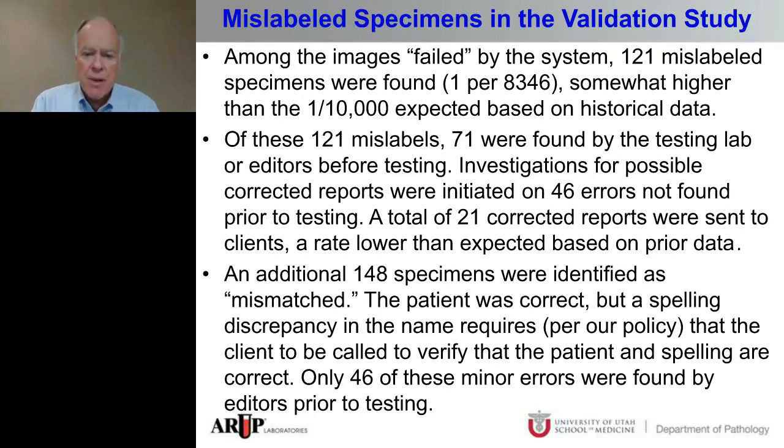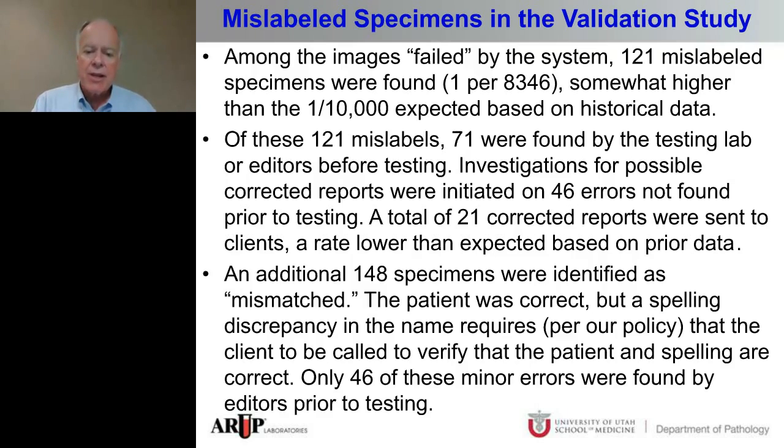Among the mislabeled specimens in the validation study, of which there were 121, what we learned was that the rate that we thought we had, which was 1 to 10,000, based on the historic data collected by the specimen processing department, was actually a little bit higher, 1 per 8,346. Not bad, still better than those CAP publications, but not as good as what we had thought based on the data we were capturing.